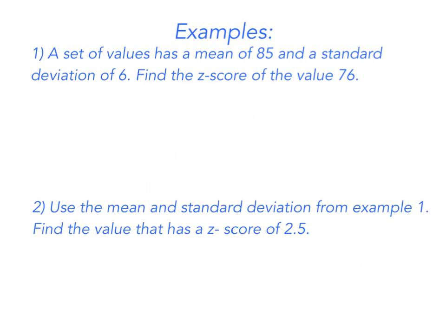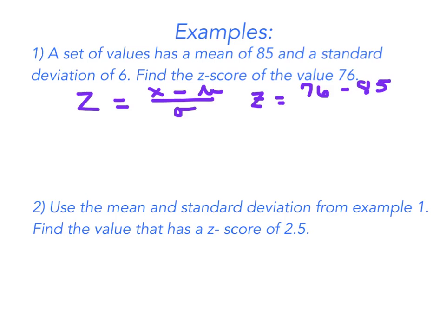Alright, remember the formula is z equals the value minus the mean divided by the standard deviation. So, z equals the value, which is 76, minus the mean, which is 85, divided by the standard deviation.